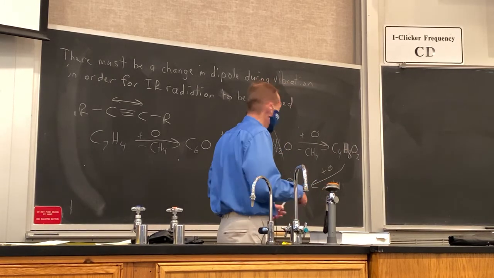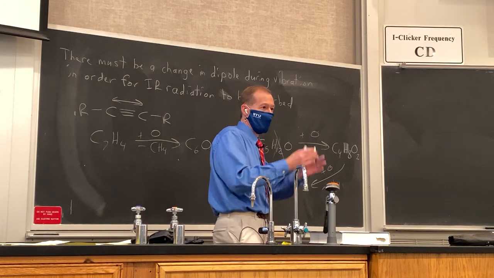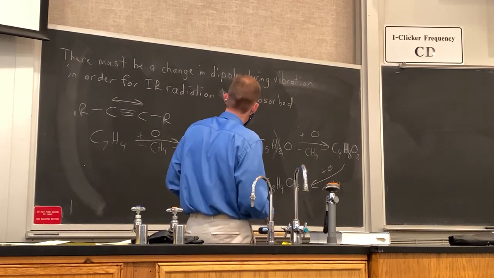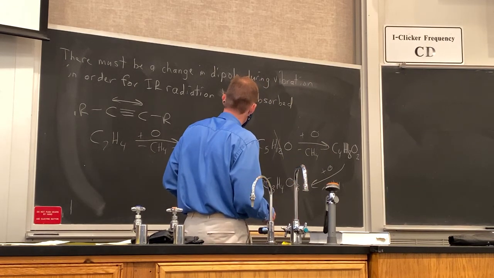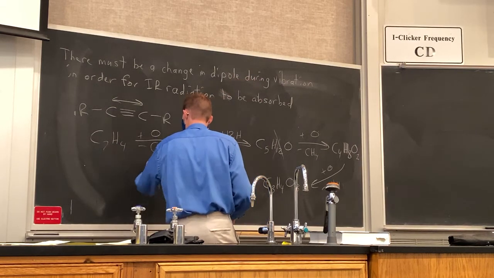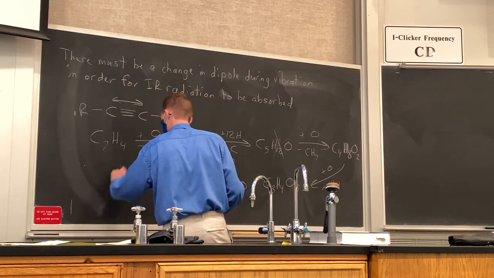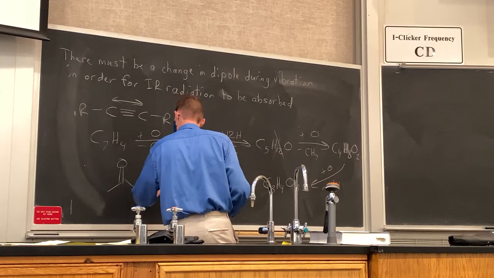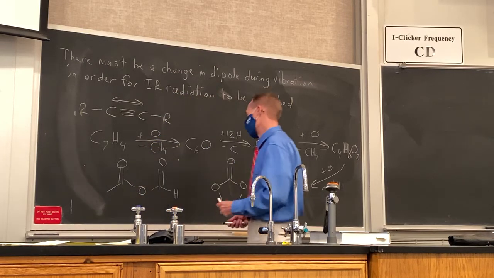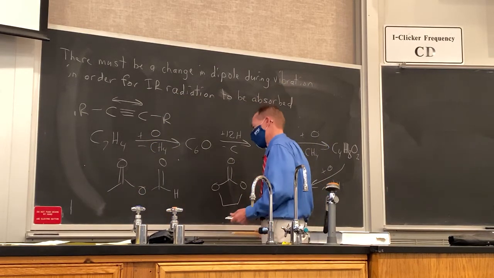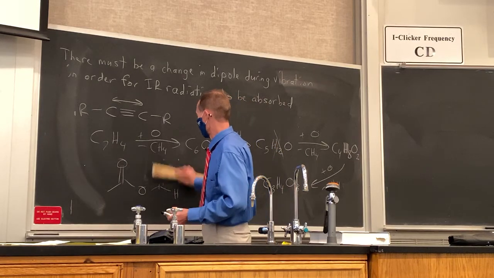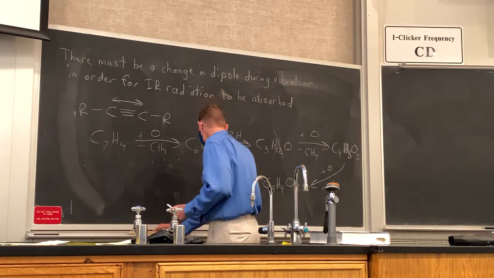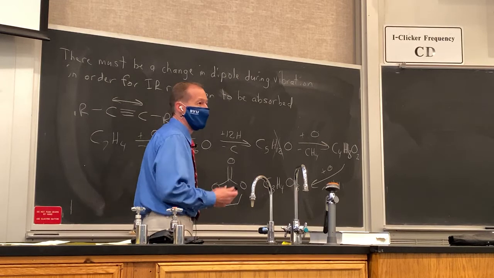Down here, it could be 1 carbonyl and 1 ring. I guess we could have 2 carbonyls. I didn't even think about that one. This is a really weird looking one though. That's not a very reasonable molecule. So here we have 2 degrees of unsaturation. At least 1 is coming from a carbonyl.